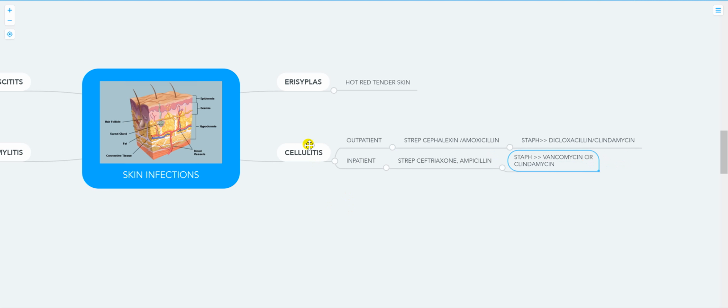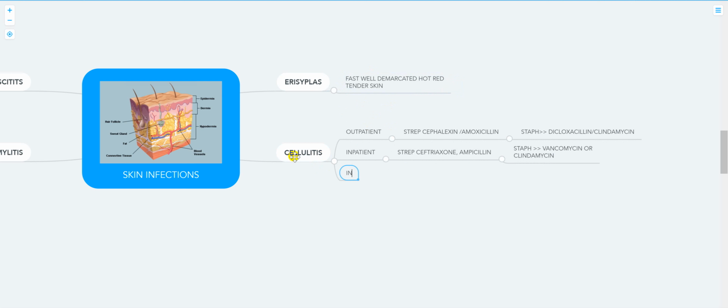Okay, and again, the difference between erysipelas and cellulitis: usually erysipelas is fast, hot, red, tender, well demarcated, while cellulitis is insidious and less obvious.